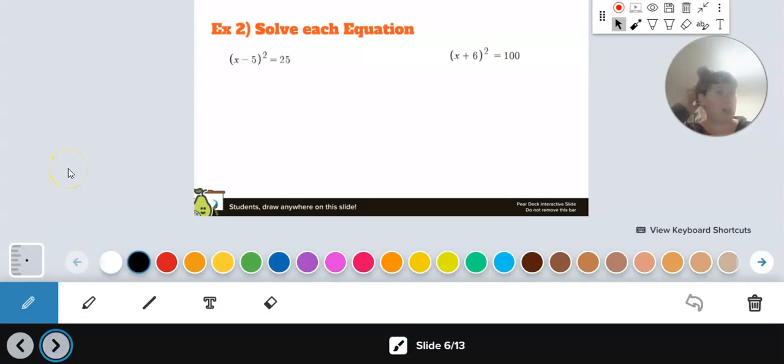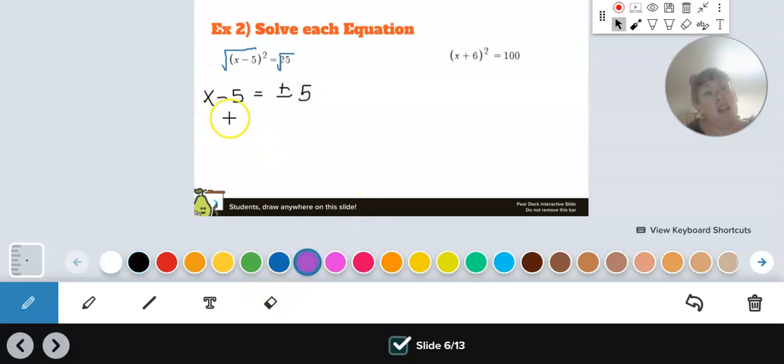We'll look at a few more together. On slide 6, we have x minus 5 in parentheses, all squared. So to get rid of the squaring, we always do our square root. So then we have x minus 5. It gets rid of the squaring; they cancel each other out. The square root of 25 is plus or minus 5. And then we're going to add 5 to both sides.